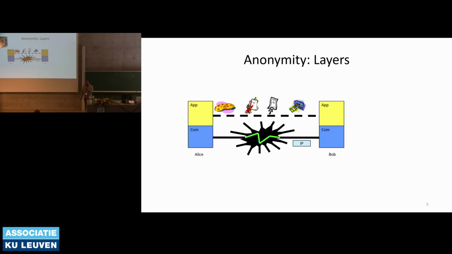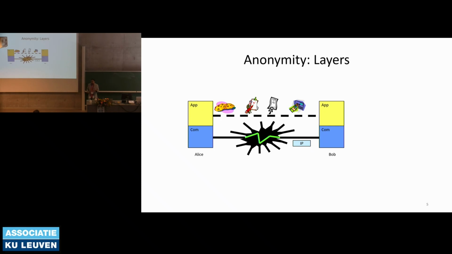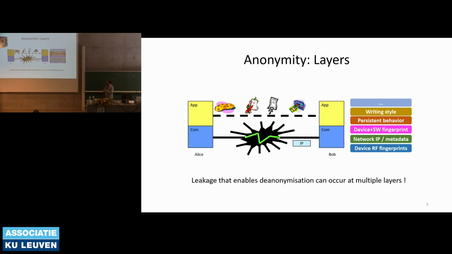Then Facebook can identify who you are as a person. Facebook probably still cannot detect your IP address, but it has a history of the locations you accessed your account from, and based on that can guess that you are probably still using the same machine and same IP address. So anonymity can be leaked on different layers.